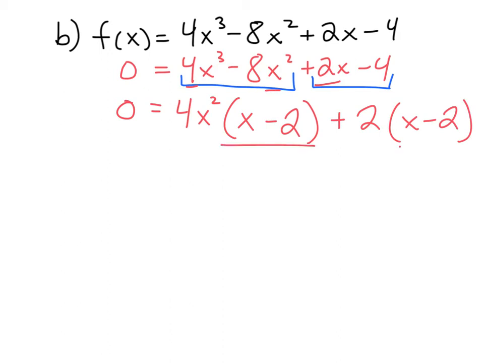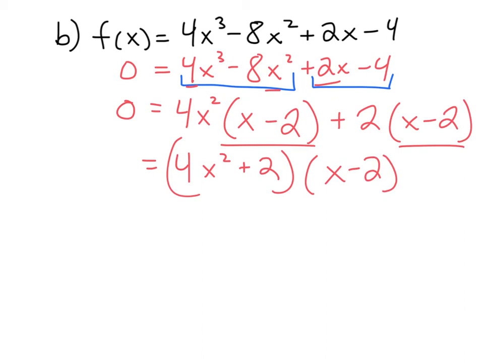These two are common, so now I can pull that out: 4x squared plus 2, and then that times x minus 2. So basically, if I were to multiply this term by 4x squared, and this term by 2, I'd get what's up here.